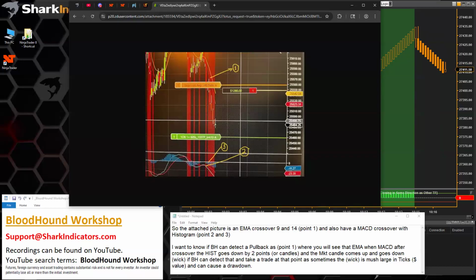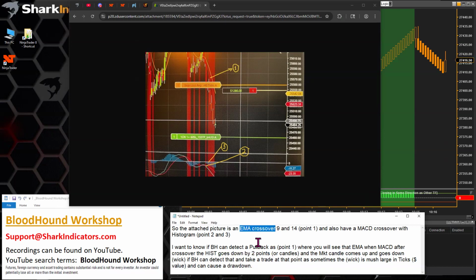All right, so I think there are two key questions here. The first is to identify when a histogram bar drops by more than 2 points, prefaced after we have the EMA crossover.